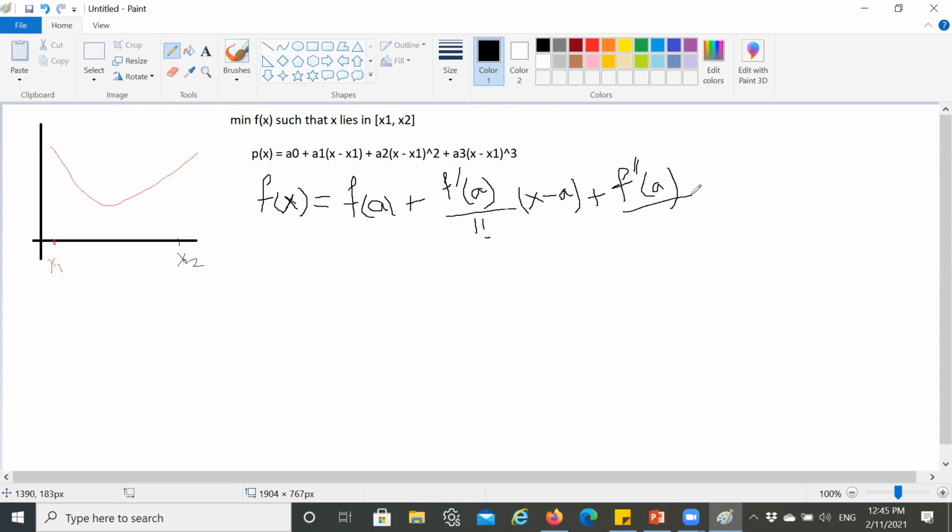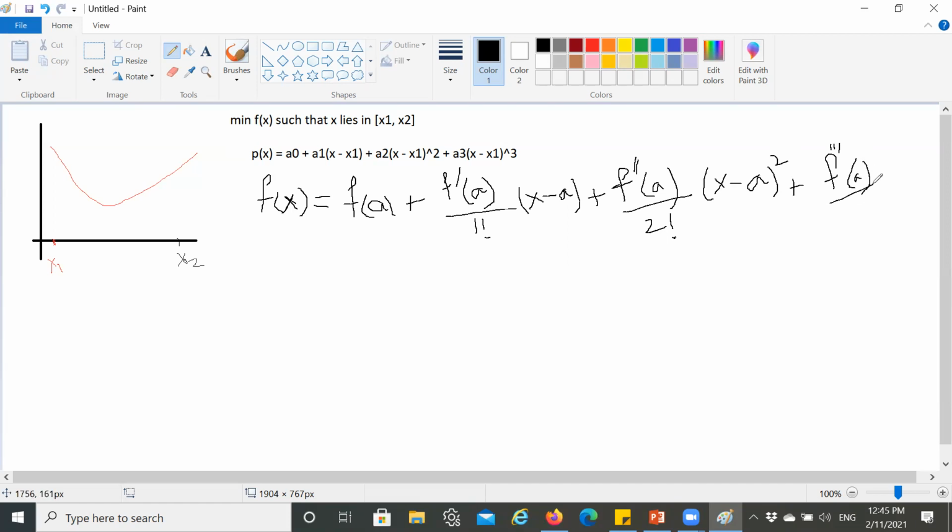Do you see the similarity between what I'm writing now and the equation above for p of x? So I have to write one more, which is the third derivative of f at a.